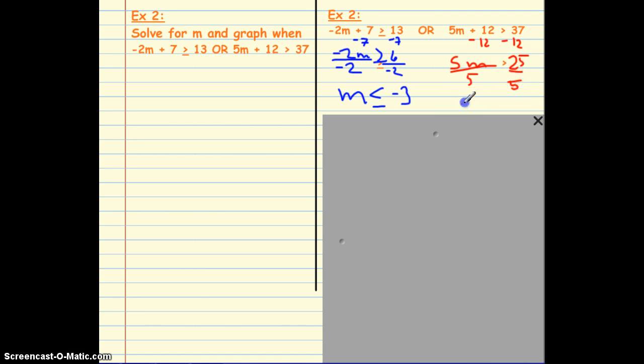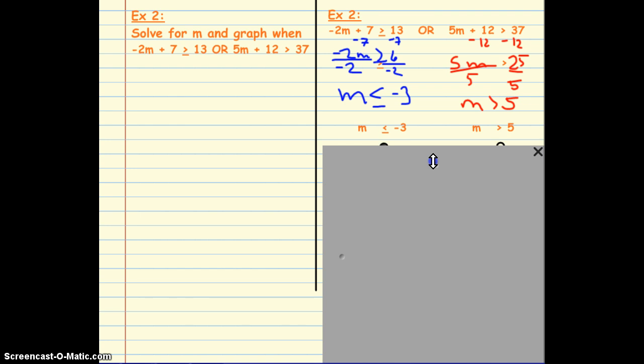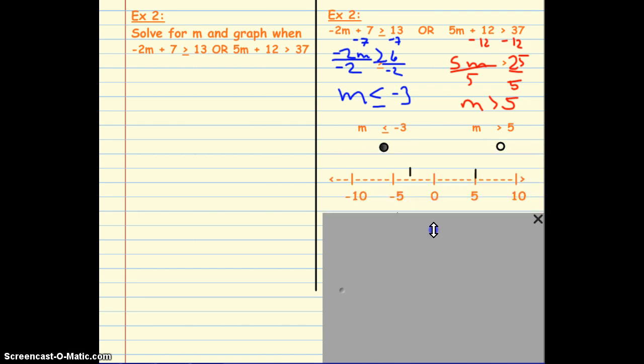So we have m is greater than 5. So either m has to be less than or equal to negative 3, or it has to be greater than 5. So we're going to go ahead and graph both of these on the same number line.